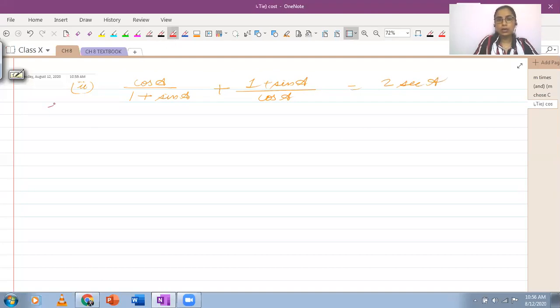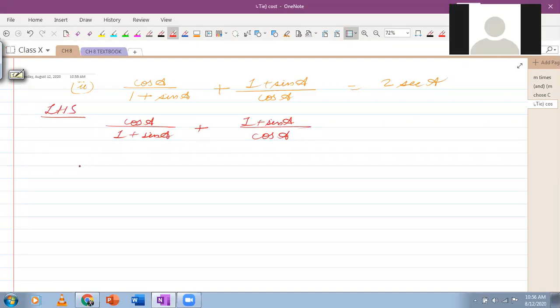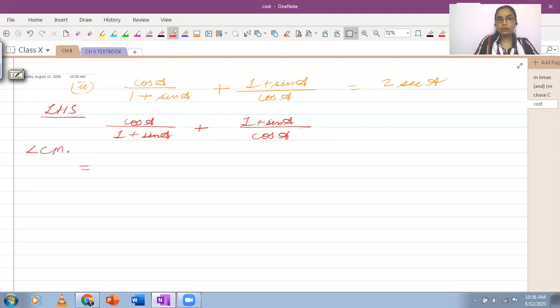And we are again going to start with left hand side because just by looking at it, I think this requires some work. So I have cos A over 1 plus sine A plus 1 plus sine A over cos A. What do you think I can do? LCM. Let's take LCM of the denominators.